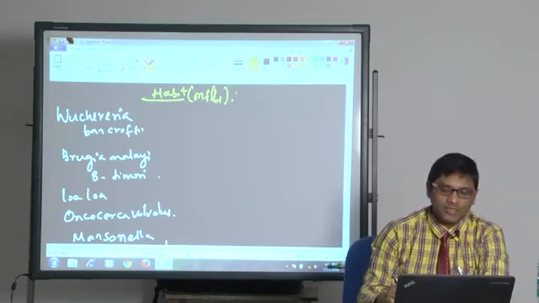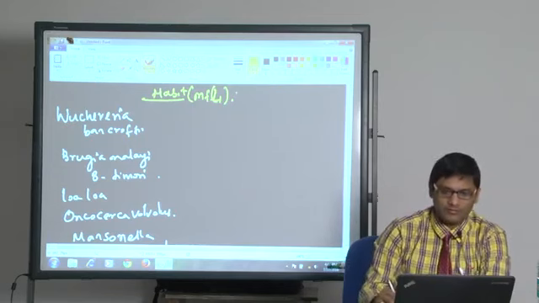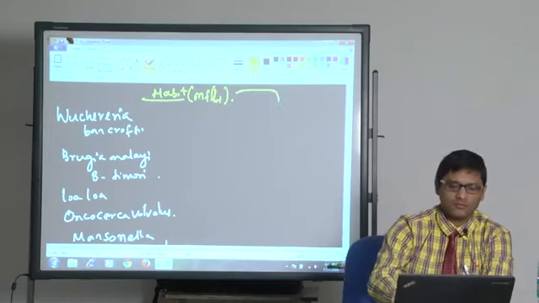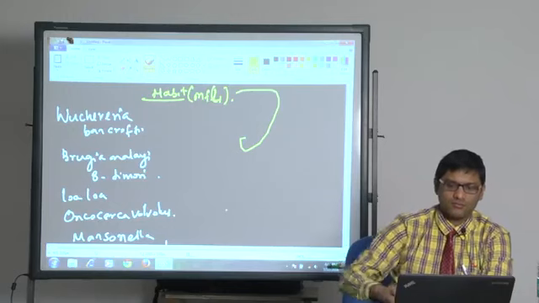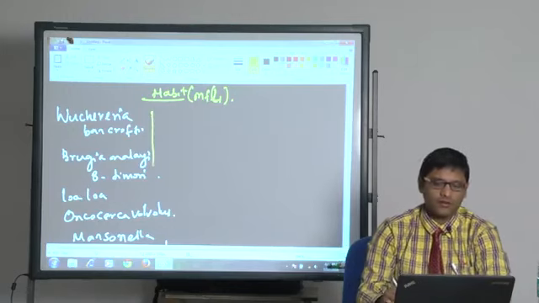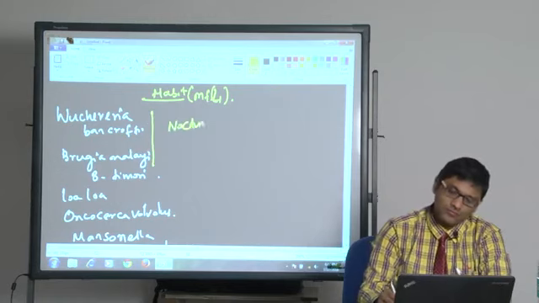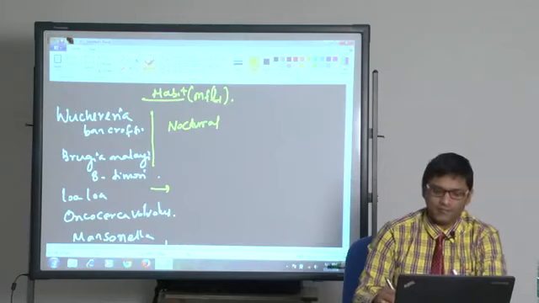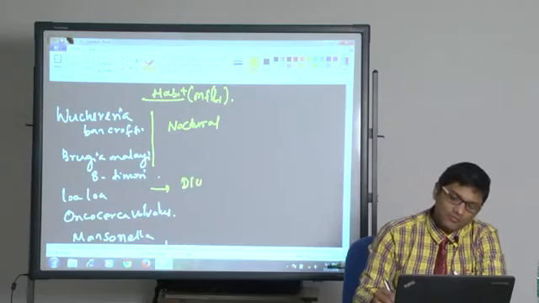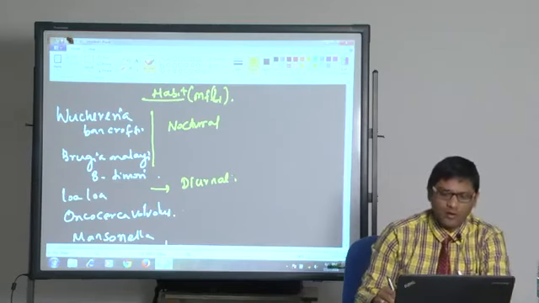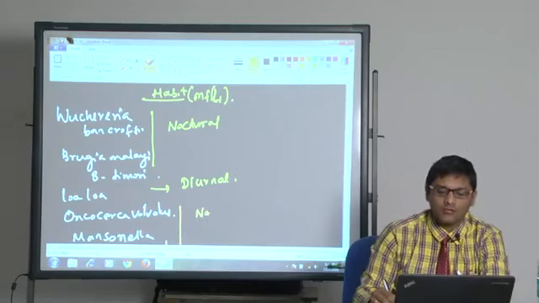Wuchereria bancrofti and Brugia malayi are nocturnal in habitat. Nocturnal means they will come to the blood in the night time. Loa loa is diurnal, that is, in the daytime it will come to the blood. Onchocerca and Mansonella are non-periodic.